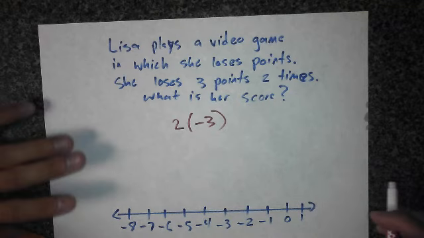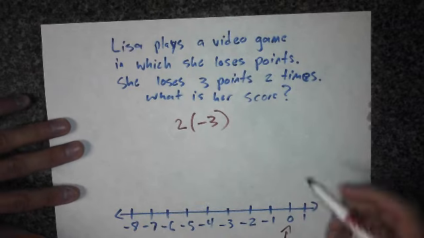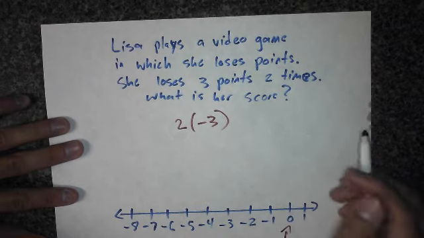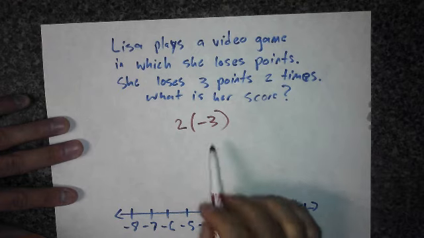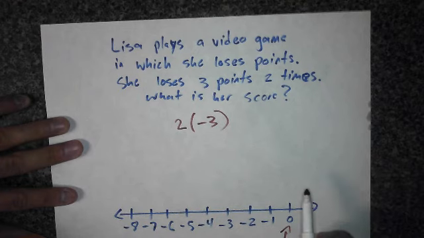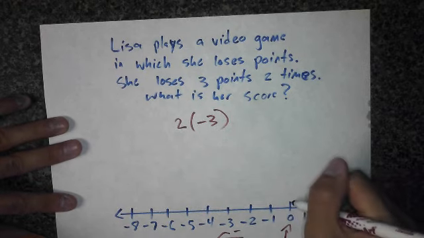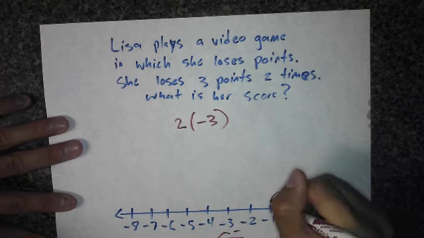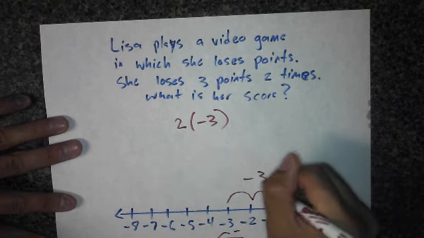What is her score? So the way we're going to set this one up is we're going to find our 0 again. Okay. And then we're going to start here, and we're going to move negative 3 spaces. If we're moving negative 3 spaces, we want to go to the left, which is negative. So 1, 2, 3.